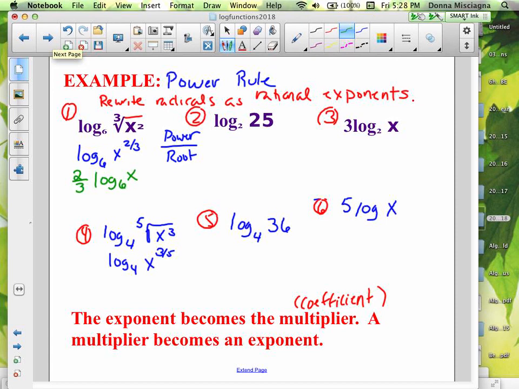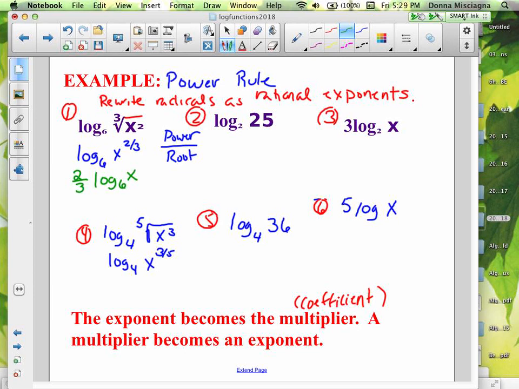If I had this as an equation, I could just multiply both sides by 3/2, and that exponent is gone, because it's a coefficient. But if it's up as an exponent, it's hard to deal with it. So sometimes when we're solving equations, it'd be a lot nicer to get rid of the exponent. And we can do that with a log, because a log of something raised to a power is the exact same thing as that power times the log.